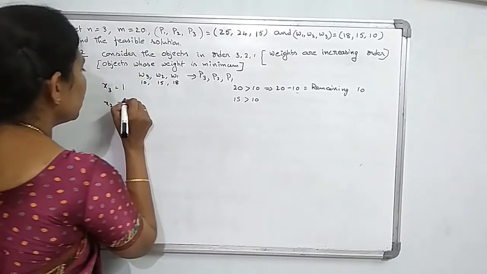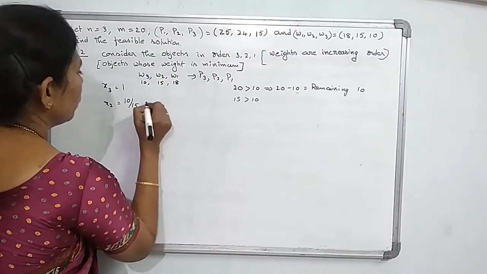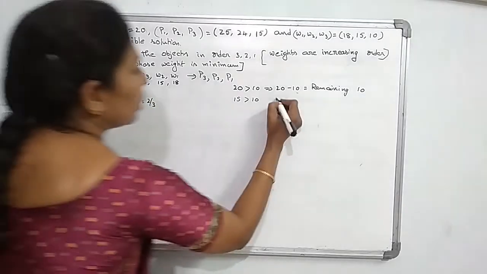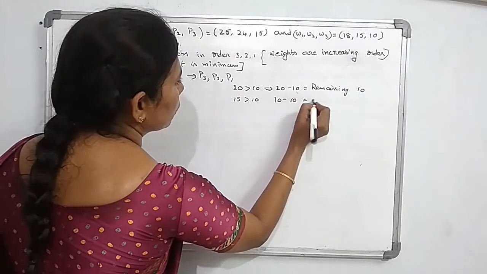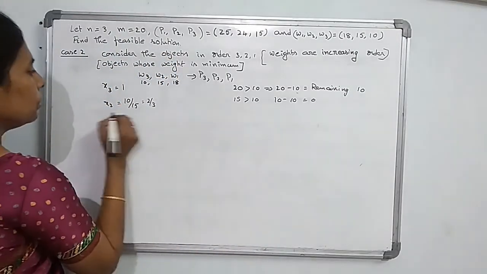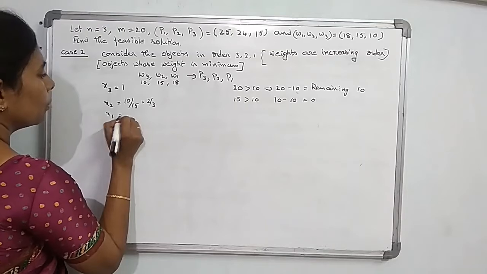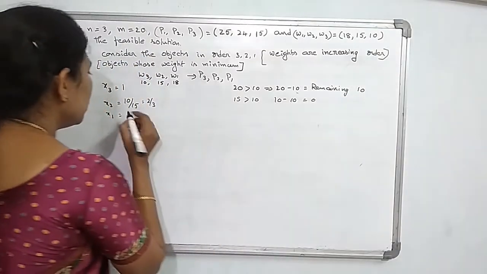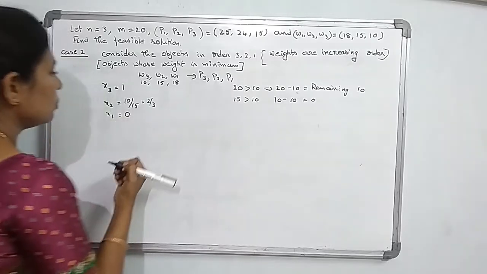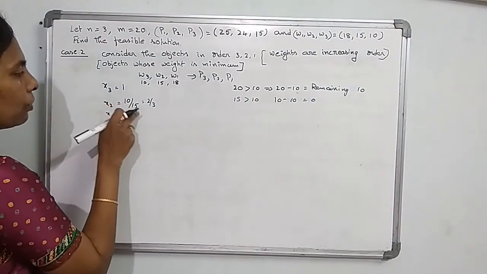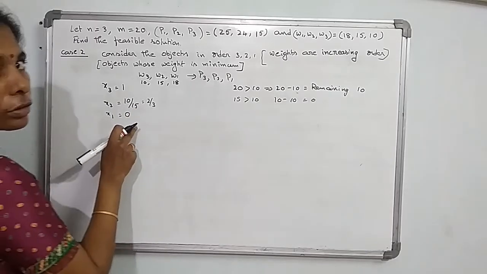That means you can take 10 by 15, or 2 by 3, and 10 minus 10 is 0. So the remaining balance is 0. Now you can take the x1. Already the capacity is filled, so you cannot fit that into the bag. So that means 0. So x3 equal to 1, x2 equal to 10 by 15 or 2 by 3, and x1 equal to 0.